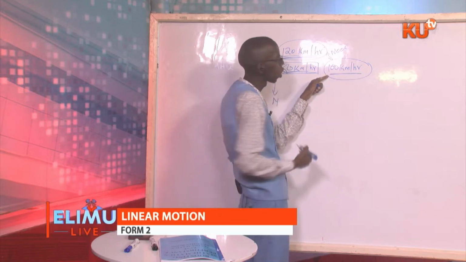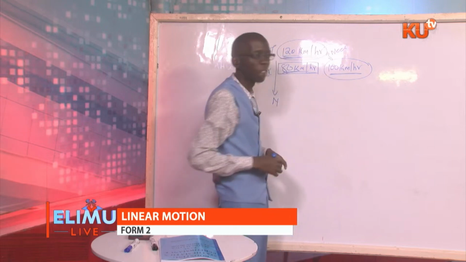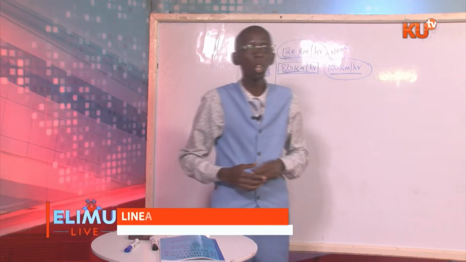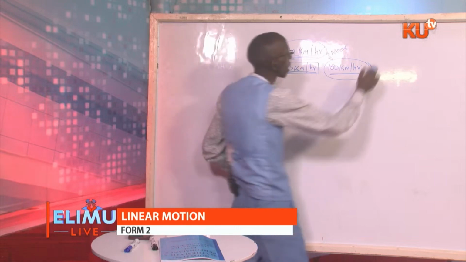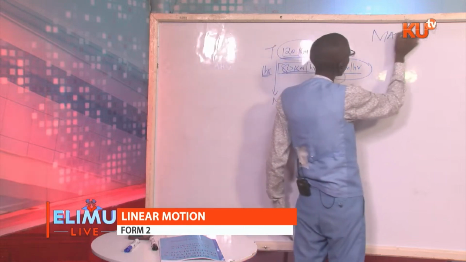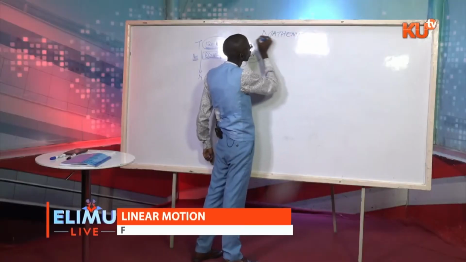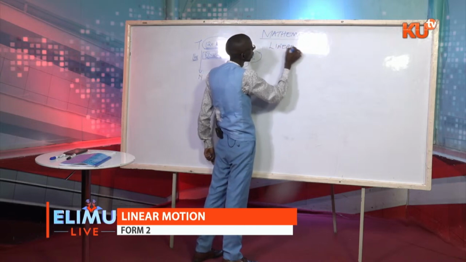My second question is, at what time did the two of us meet? This is an introduction to the topic linear motion. The subject is mathematics, and our topic is linear motion.